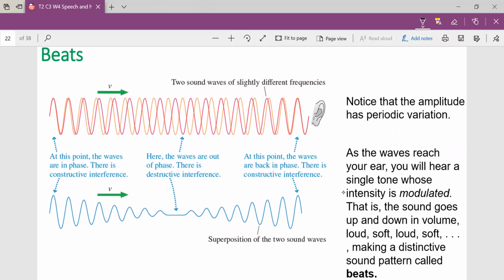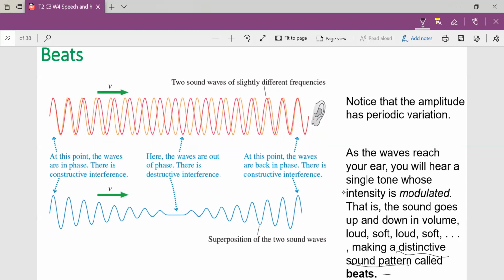from beats, we notice that we have a periodic variation. For us to say something is a beat, it will have a periodic variation, and the wave reaches our ear such that we can hear distinct sounds that are modulated in a defined pattern. It is this distinct sound in a defined pattern that we call beats.